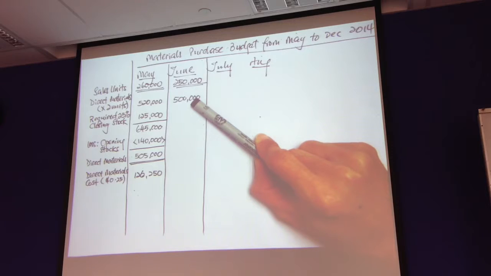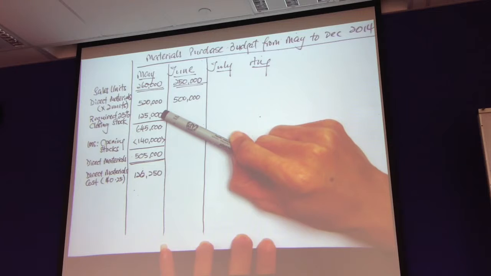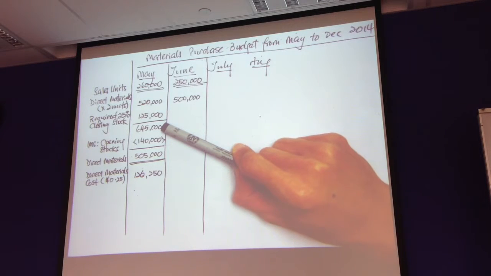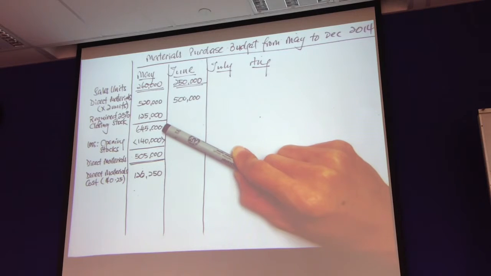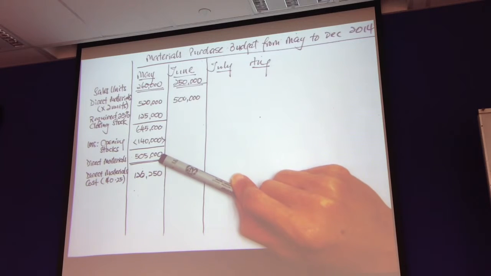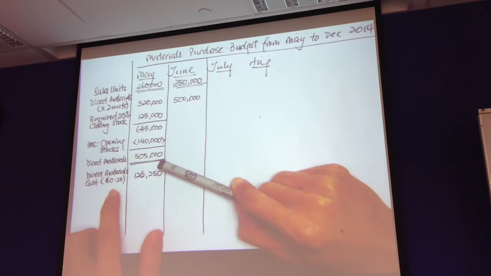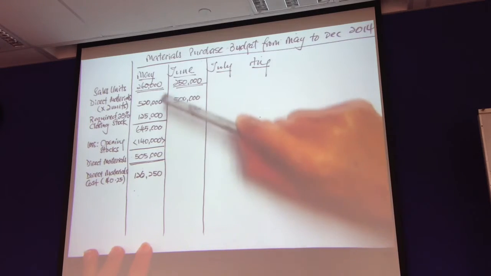So we need to buy in total 520 plus 125, which is 645. The question also tells us, in the month of May, you have opening inventory of 140,000. That means you don't need to buy all 645. So you minus this away, you only need to buy 505. And the question tells you 1 unit of raw material costs 25 cents. So in total, this is your cost of materials for May.